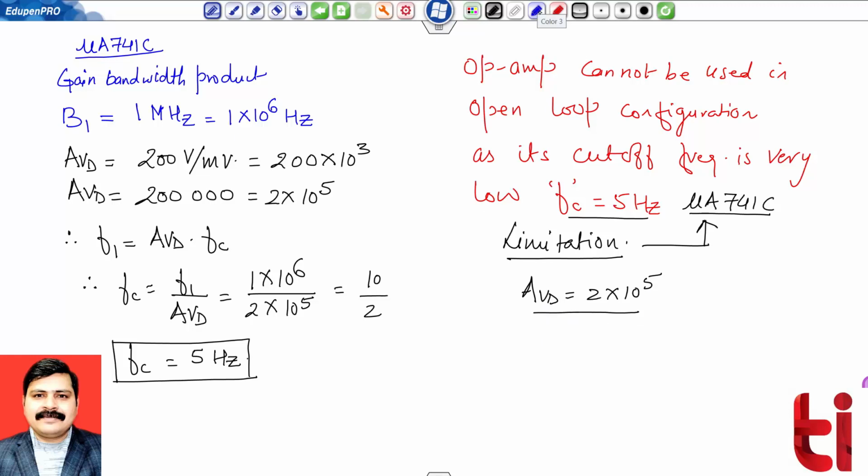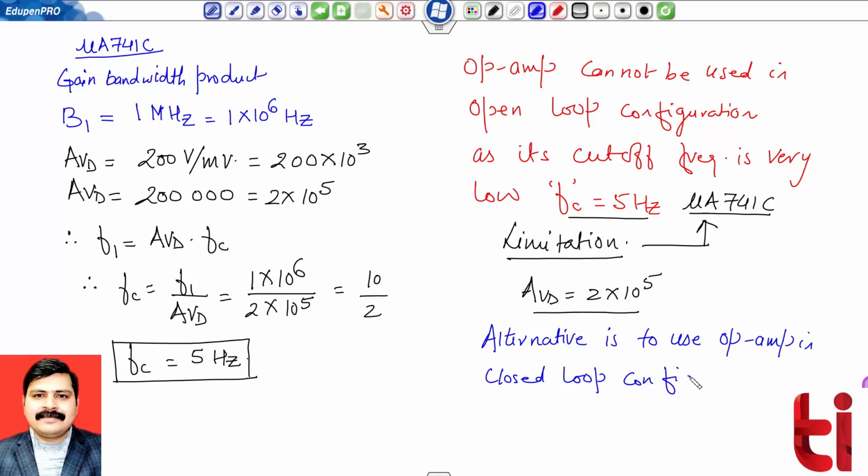We have to find the alternative, and the alternative of this problem is to use the op-amp in closed loop configuration. So with this, we will reduce the value of voltage gain.